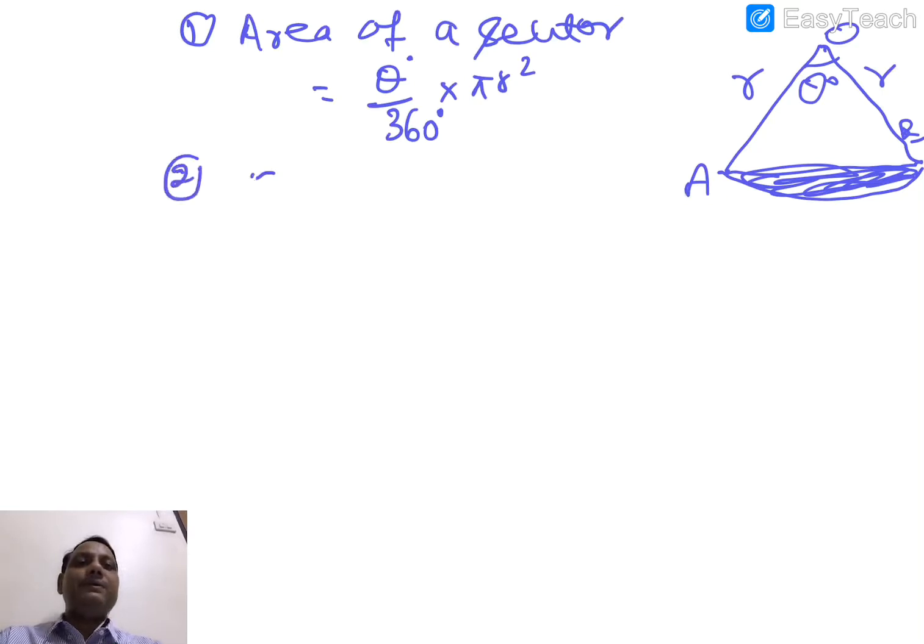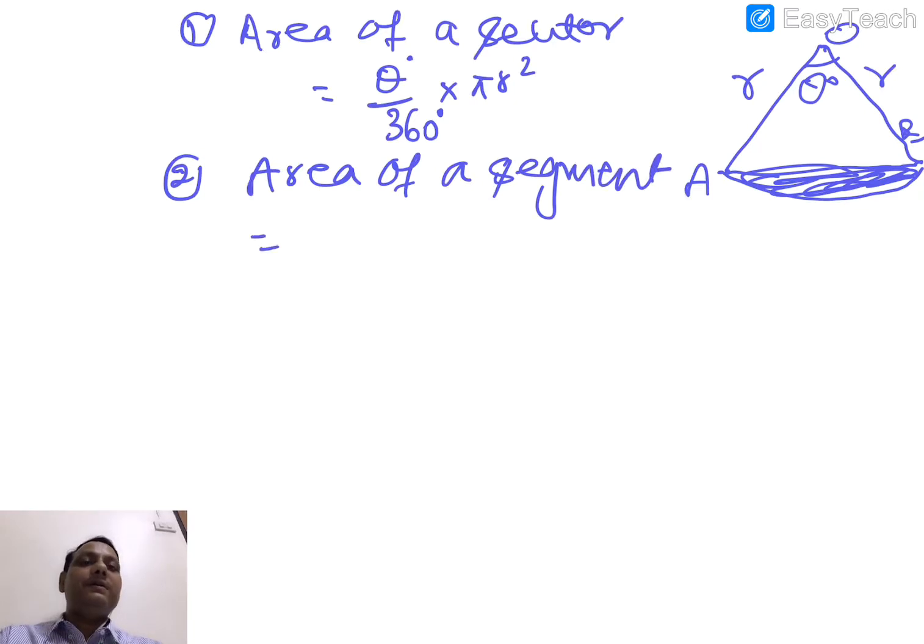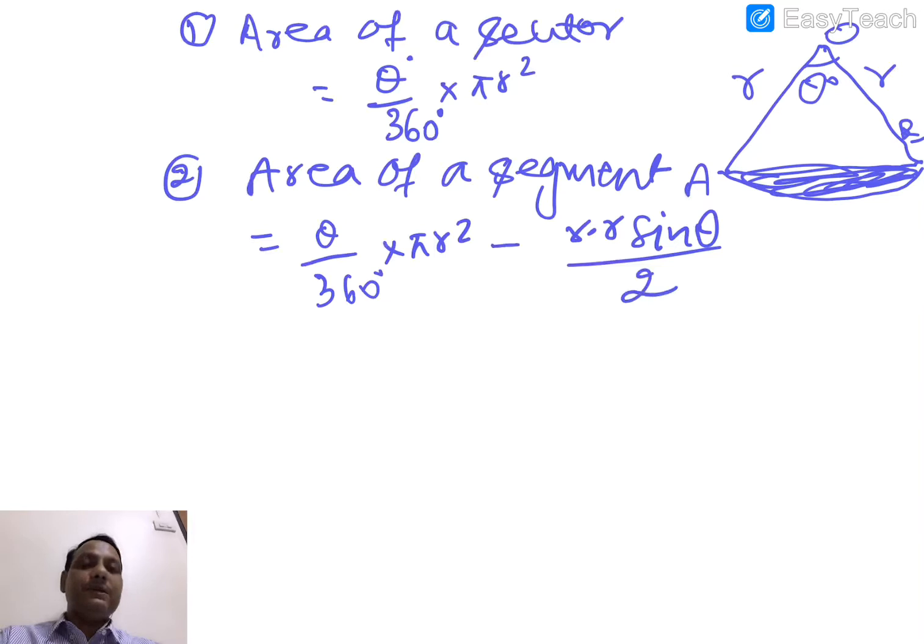Second thing we have to know, area of a segment is equal to theta over 360 times pi r square minus area of a triangle, that is r into r sine theta divided by 2. Then the third thing I taught you all is arc length.